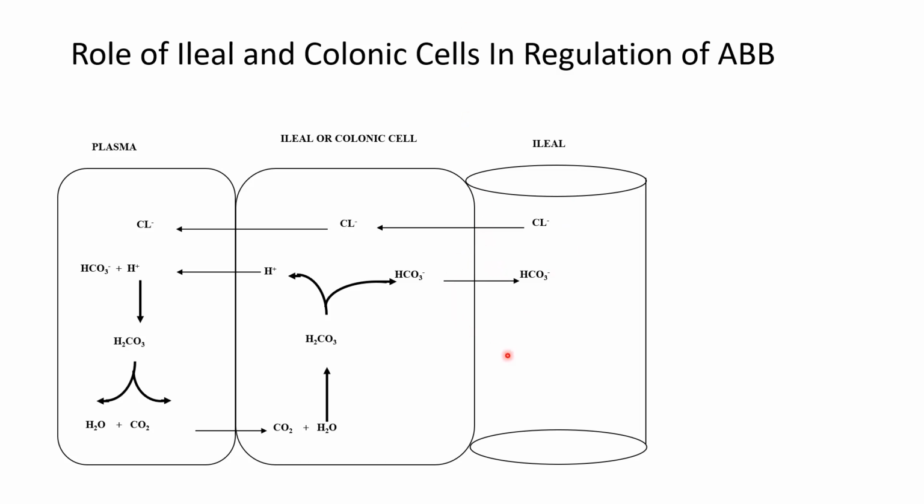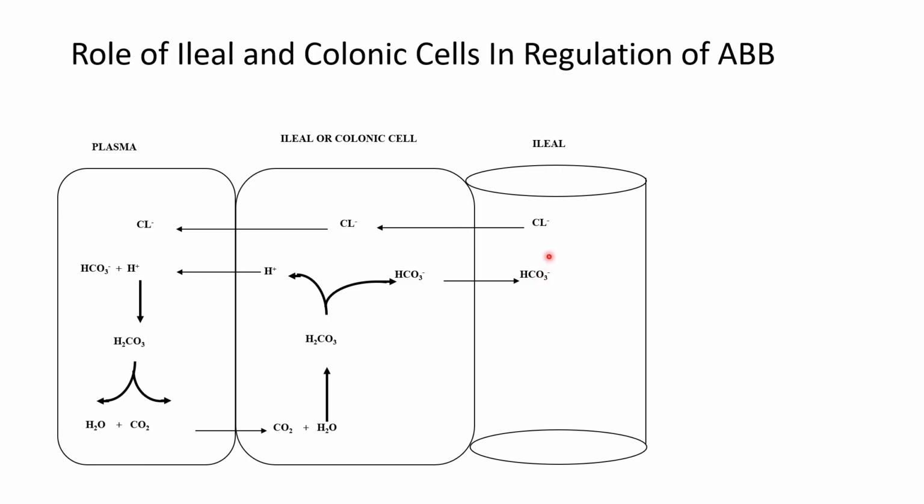So generally, there is a loss of bicarbonate from the plasma into the lumen of the intestine every time the ileal and colonic cell intervene in acid-base balance.